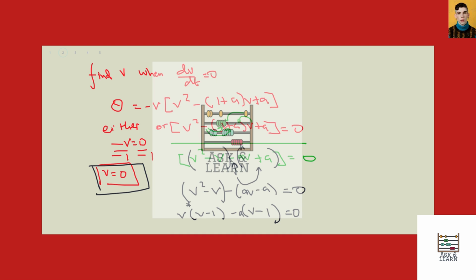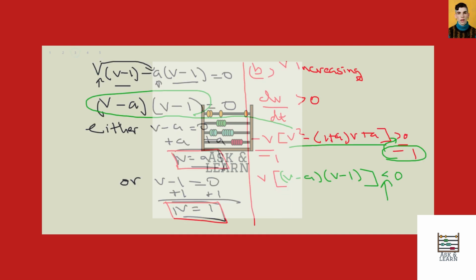We used the distributive law on the second page, and also GCF factorization, and that helped us simplify the problem. You can recall that we had our first solution, v equals 0, and by the time we got to the third page, we had two more solutions, v equals a and v equals 1, and this is similar to what you do when you're solving quadratic equations.